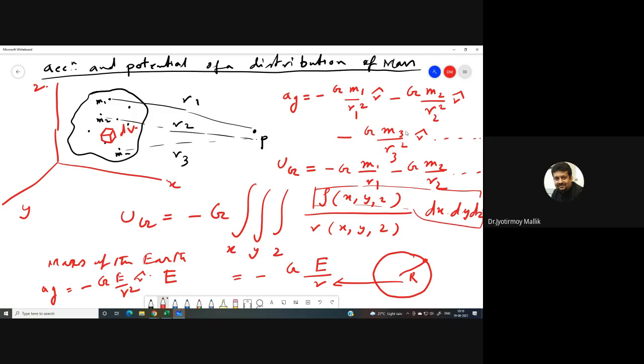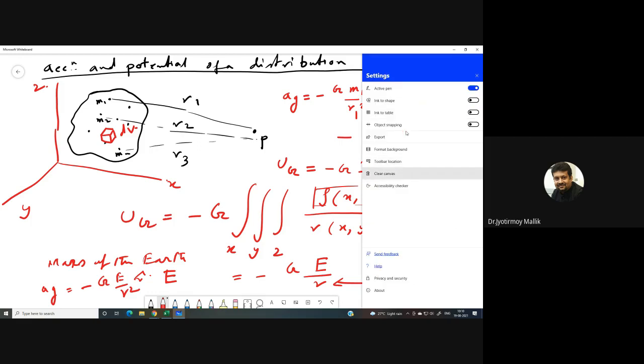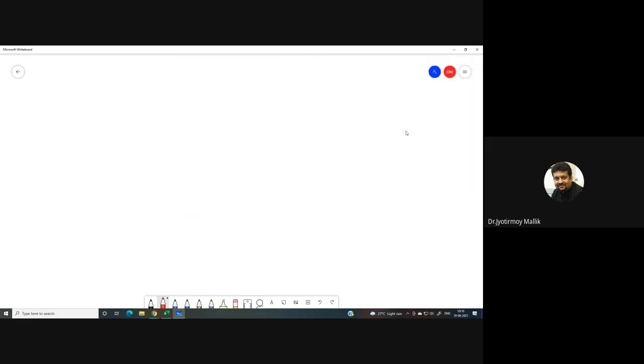Now, tell me, can you do a quick calculation? So we have got this equation that AG is equal to GE by R square. Okay.